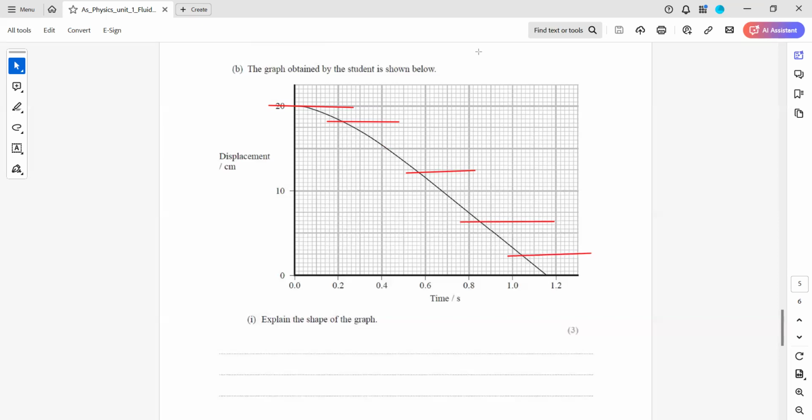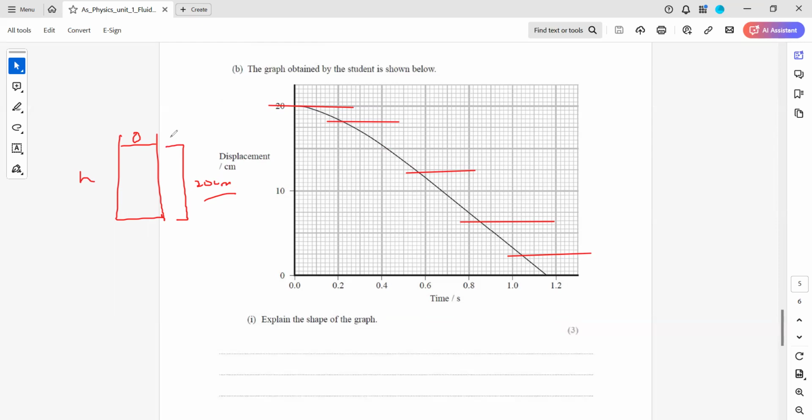Say this is a fluid, and we drop a ball bearing. In the beginning the ball bearing is in our hand, and this is the displacement, say 20 centimeter, or the depth of the fluid in the container is 20 centimeter.